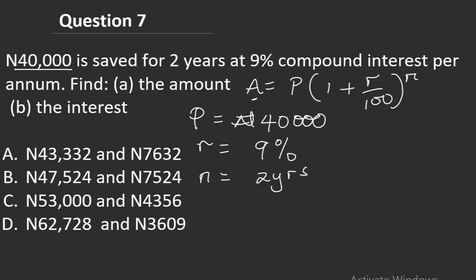Substitute this into the equation. So amount will be P, 40,000, bracket 1 plus R, which is 9 over 100, and n is 2.